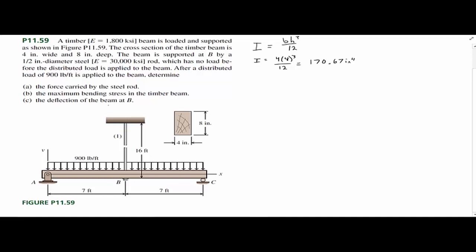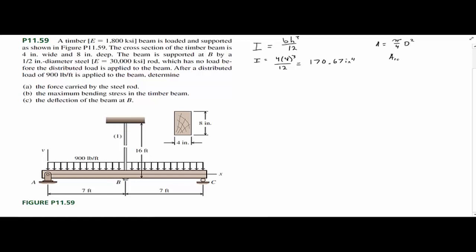And we're also asked to find the maximum bending stress in the timber beam and then the force in the steel rod. Something that might be useful is let's just go ahead and solve for it now. The cross-sectional area of the steel rod. So the area is going to equal pi over 4 diameter squared.